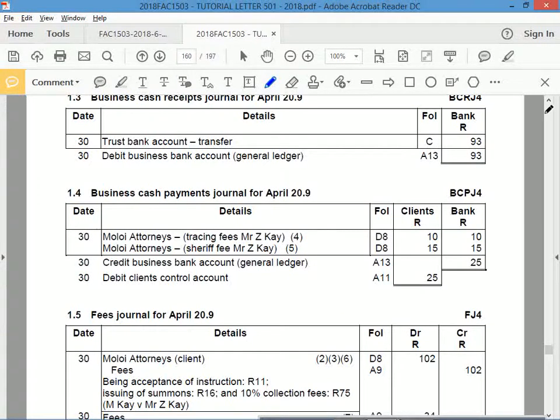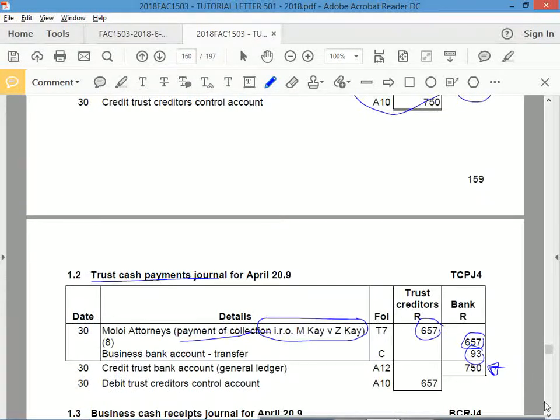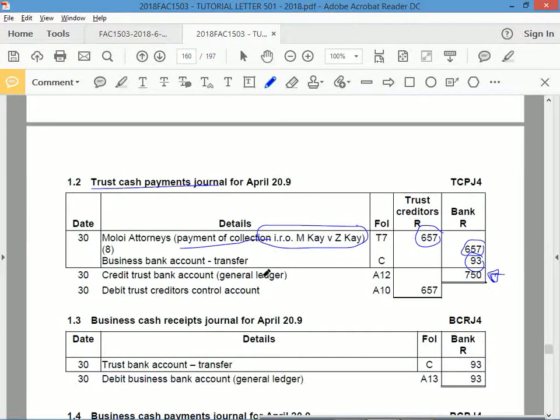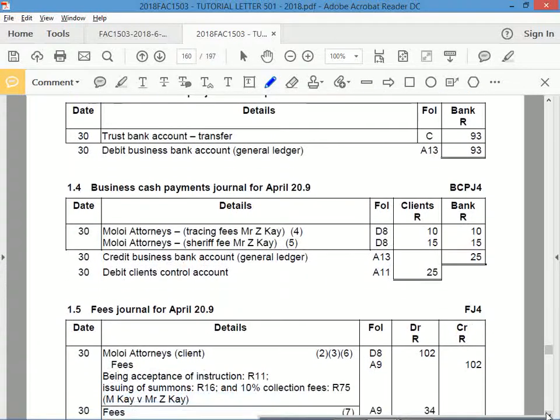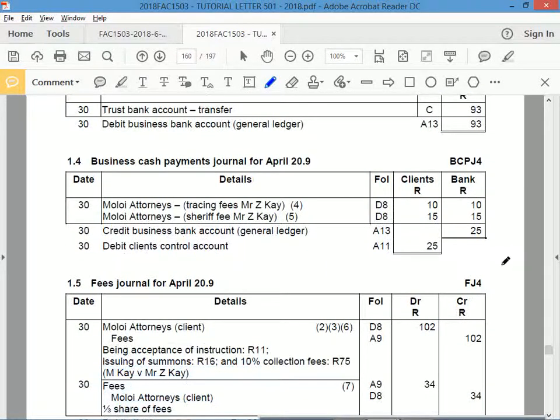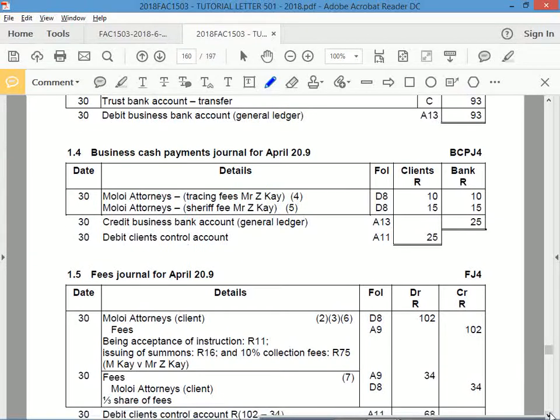This 93 that we've got here, let's go back. Here, 93. This is the business bank account transfer, 93. The 93 from this was the trust bank account transfer, and the 93 was the 102 minus the 102.